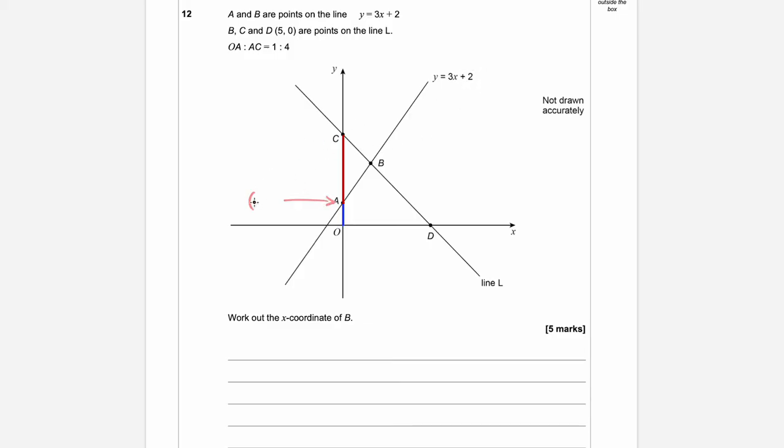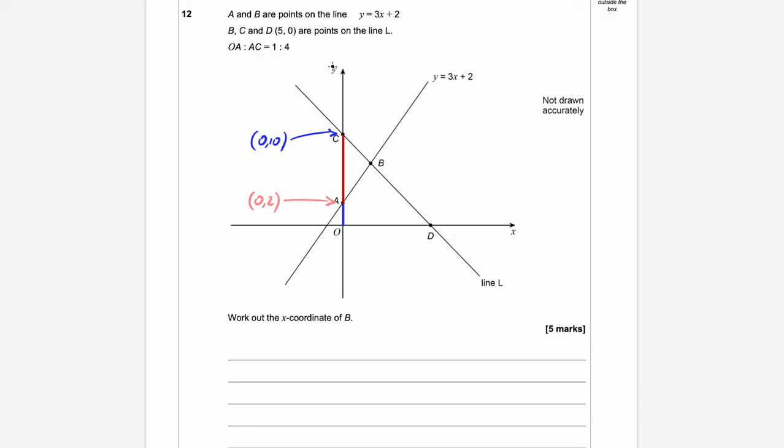So this is 0, 2. Now if this is 2 and this is 1 to 4, this must be 4 times 2, which is 8, but it's like 2 plus 8. So this coordinate here is 10. Okay, so that coordinate there is 0, 10.